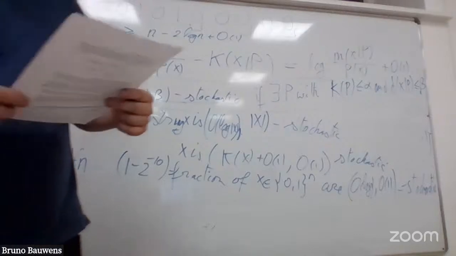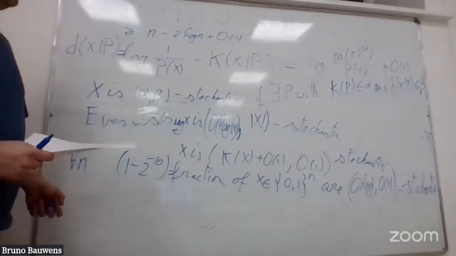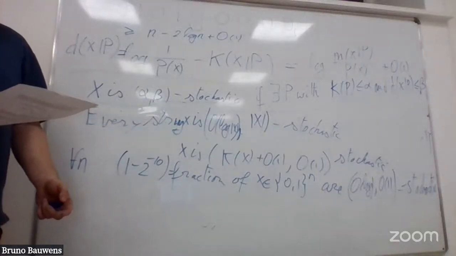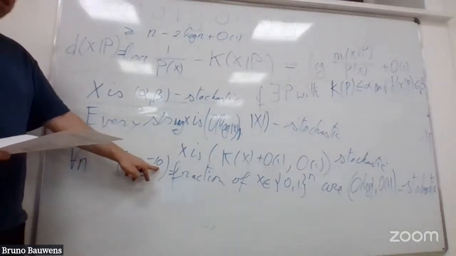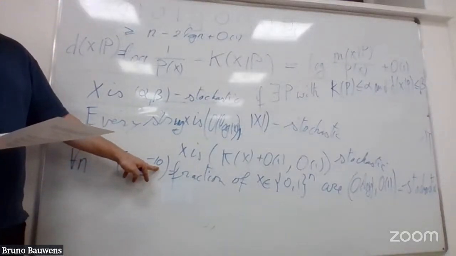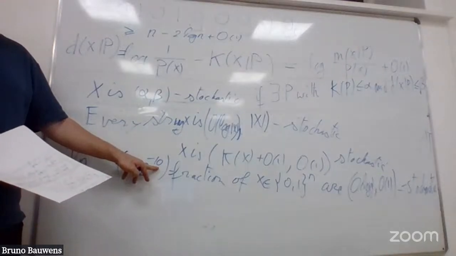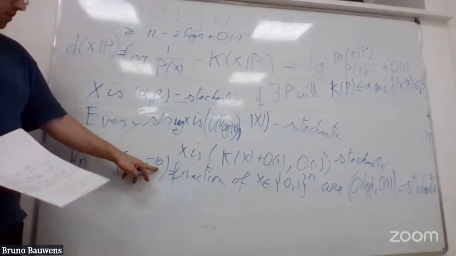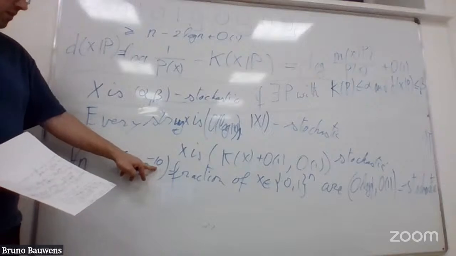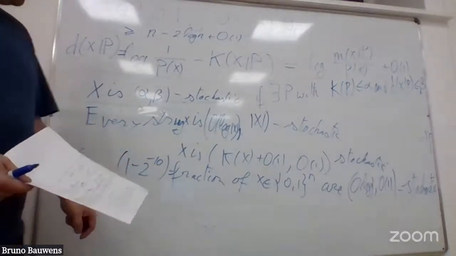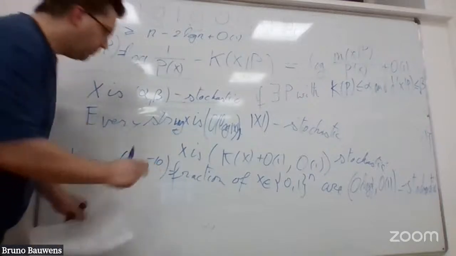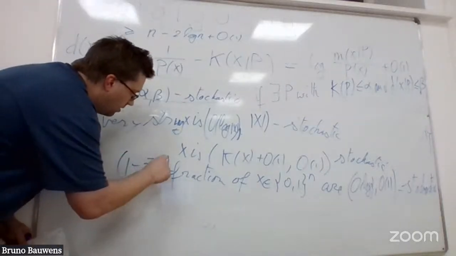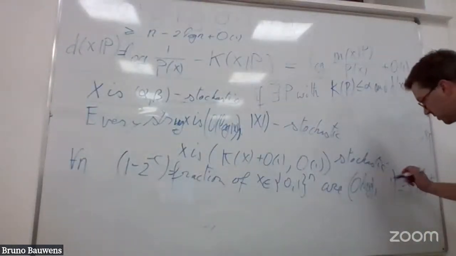Okay. So yeah, here you can put any constant you want, like 100 or 1 or 2. If you make this constant bigger, if you place here C, then you have C plus O of 1.